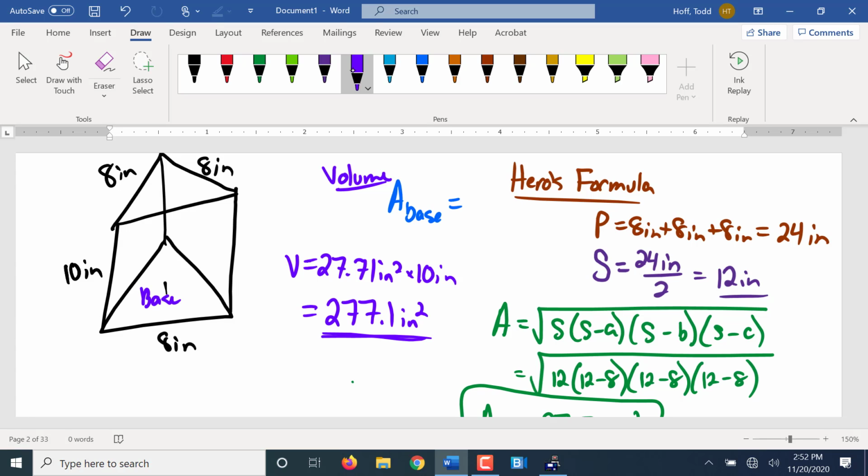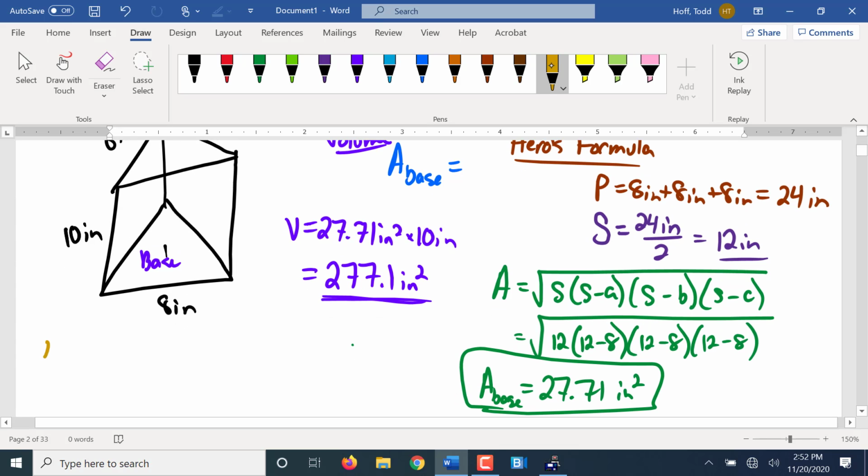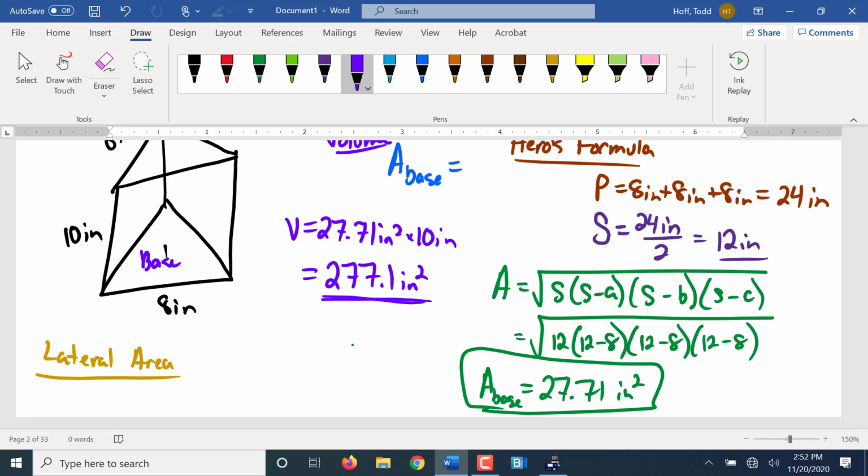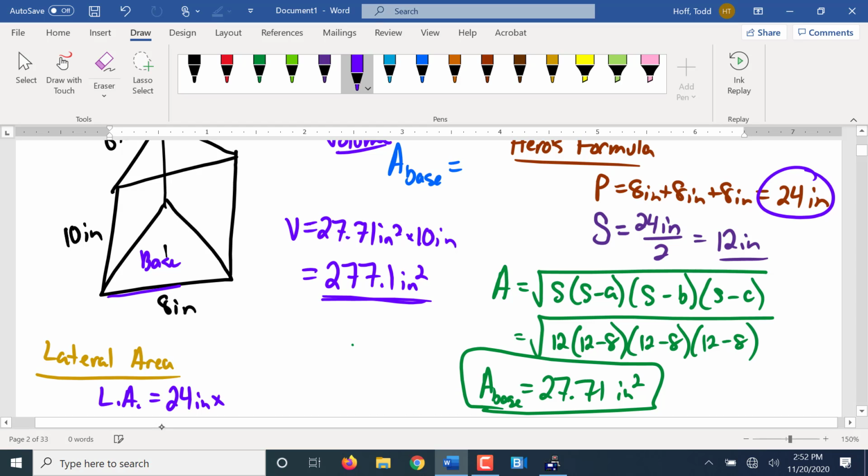Surface area here, we've done most of the work already. For the lateral area, we've already found the perimeter of the base. It was 24. So that's the distance around the bottom. What do we multiply that by? The height of 10. Good.